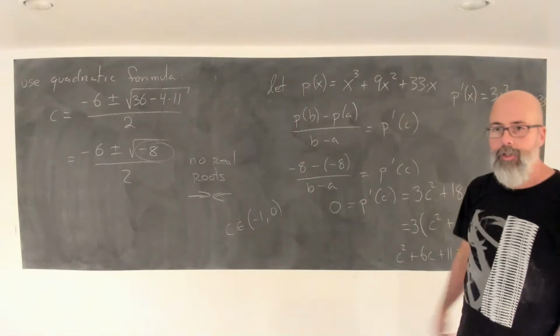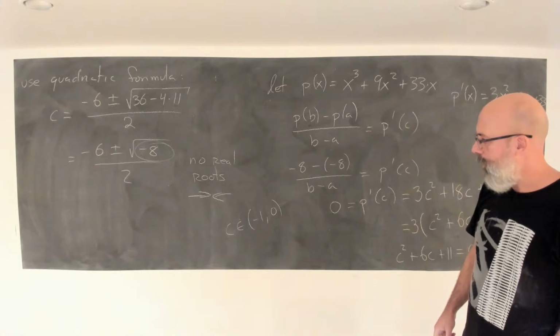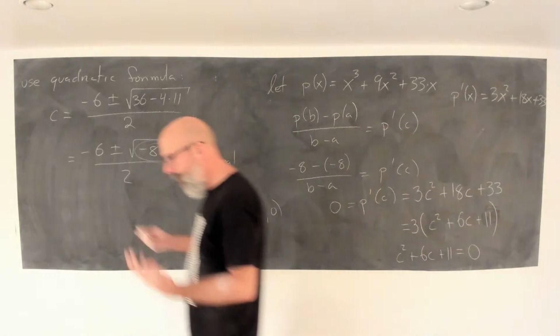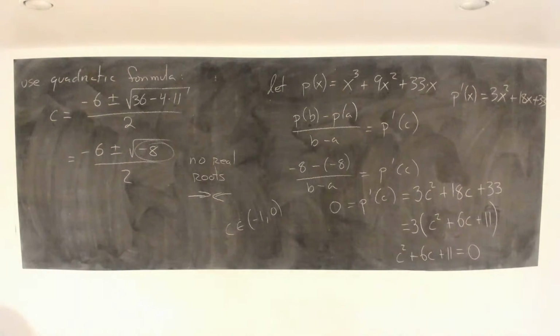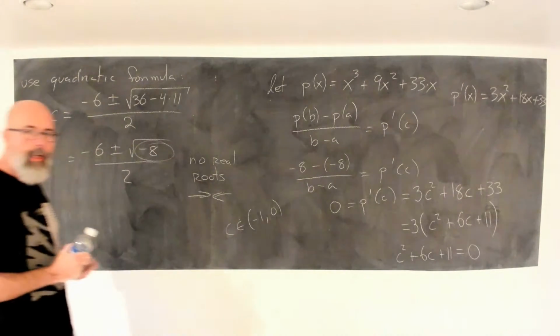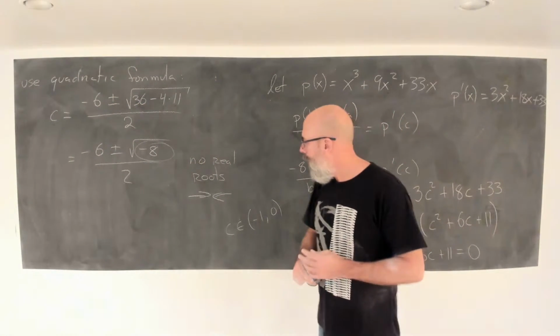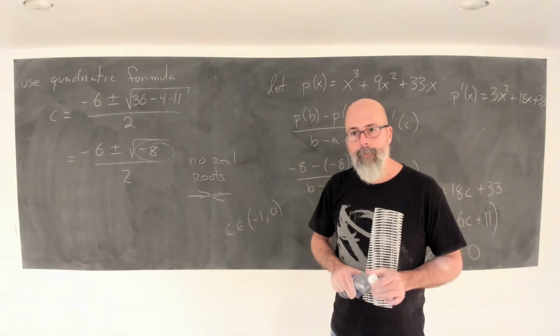And this tells us that no such point exists. So an assumption we made must have been false, and the only assumption we made was that we had 2 points where the function was negative 8.